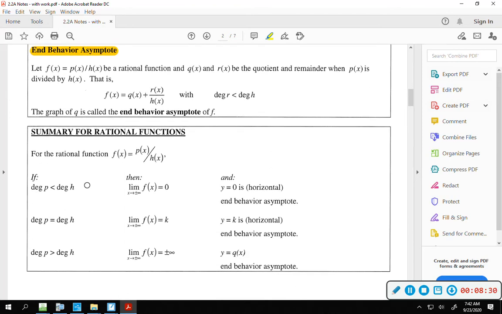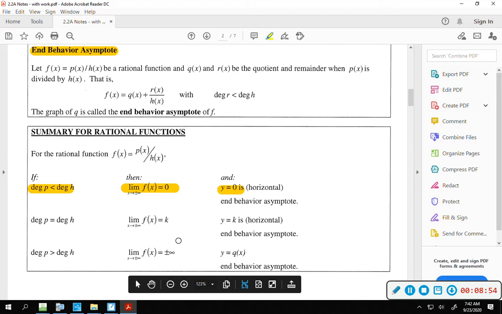But this is the summary that you really need to know right here. If we're talking about this rational situation, this is a review of pre-calculus. If the degree in the numerator is less than the degree in the denominator, then the limiting value is always 0, and y equals 0 is the horizontal asymptote. All we have to do is find the limit, and y equals that limiting value is going to be the horizontal asymptote.